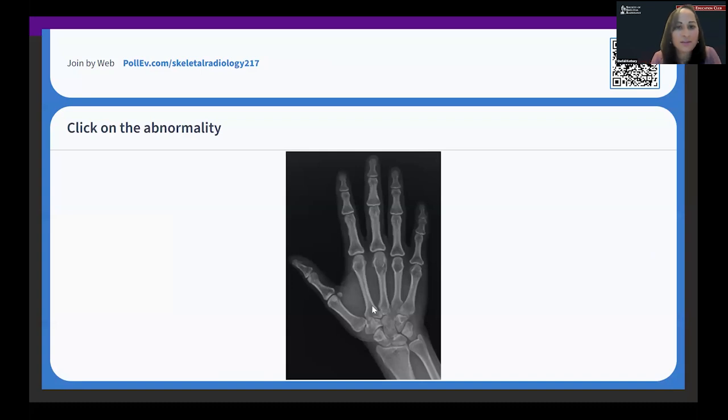Okay, you click on the abnormality. Right. So we seem to be all over the X-ray with this case.